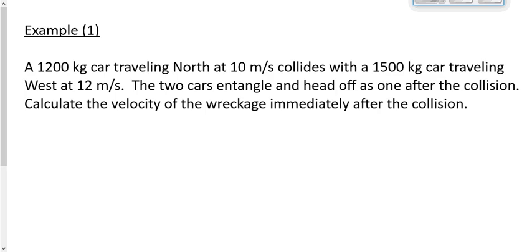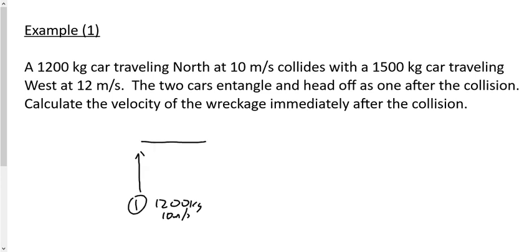Let's do example number 1, and then we'll wrap it up from there. A 1,200 kilogram car traveling north at 10. Let's draw a picture here since it's two-dimensional. A 1,200 kilogram car, we'll call car number 1, traveling at 10 meters per second, moving north. Then we have another car traveling west at 12 meters per second. There's car number 2, mass 1,500 kilograms, and the velocity is 12 meters per second.